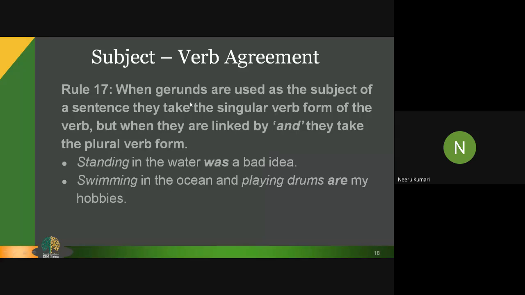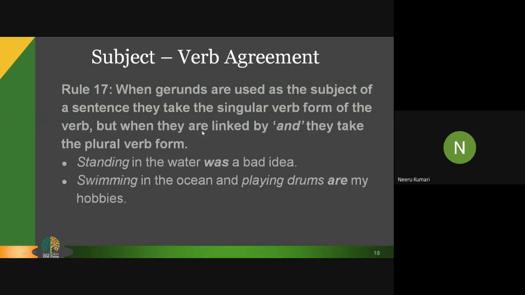Then rule number 17 says whenever we are talking about gerund. Now let me help you understand what gerunds are. Gerunds are those wherein we include ing in the main verb. For example, walk, walking, buy, buying, sing, singing, dance, dancing, play, playing. Whenever gerunds are used as subjects in a sentence, they accept the singular form of the verb.